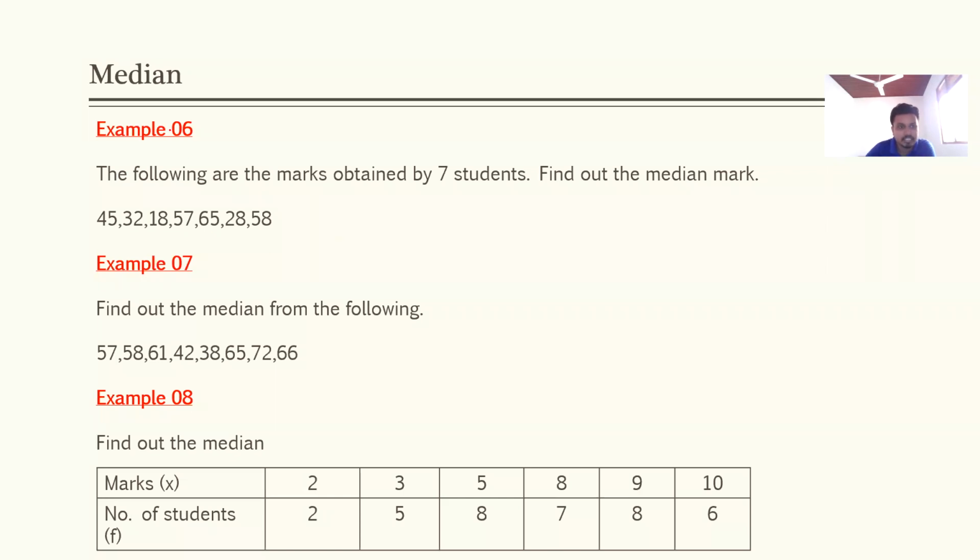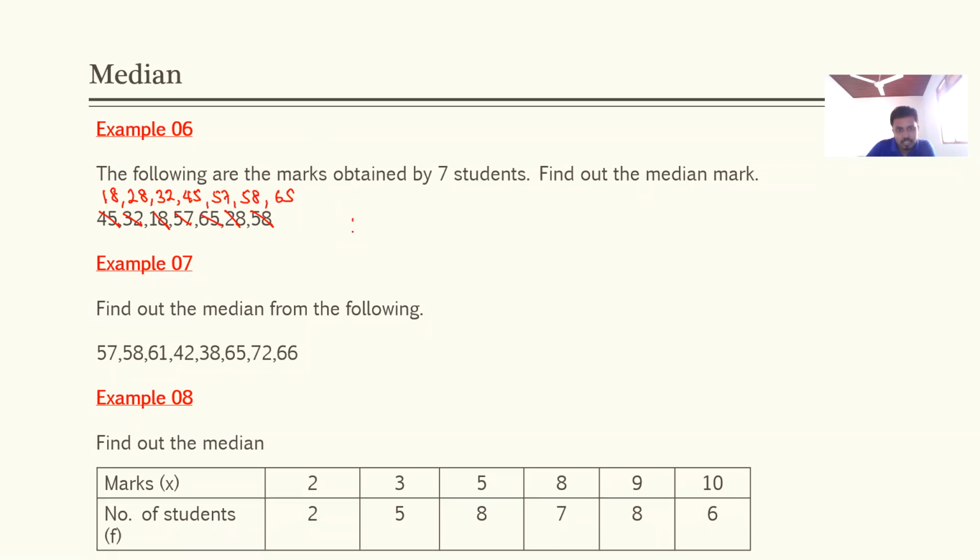So how should it be then? 18, then 28, 32, 45, 57, 58, and the last one 65. Right. So we have rearranged this data set in ascending order.